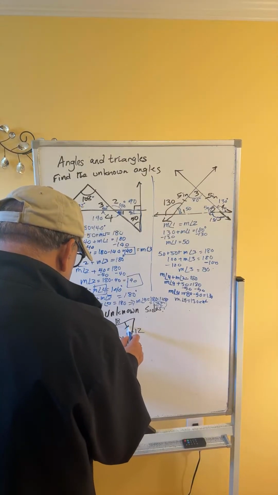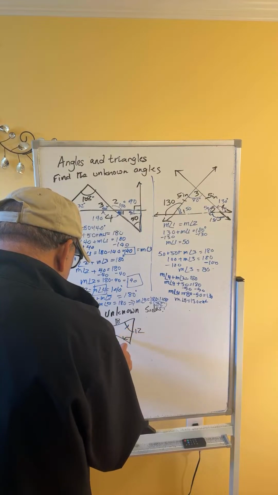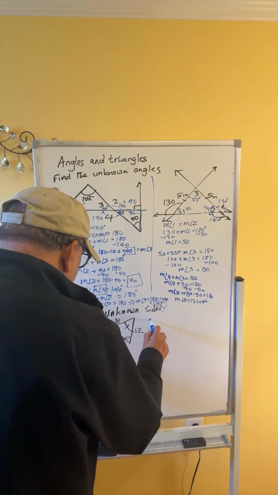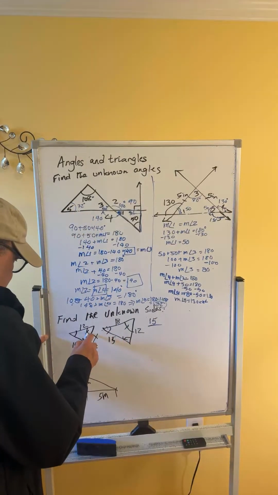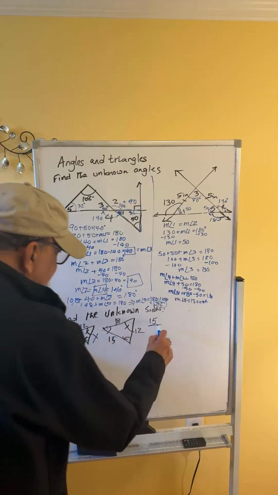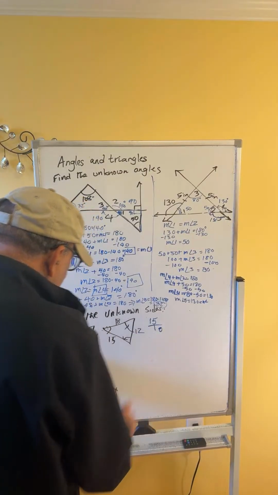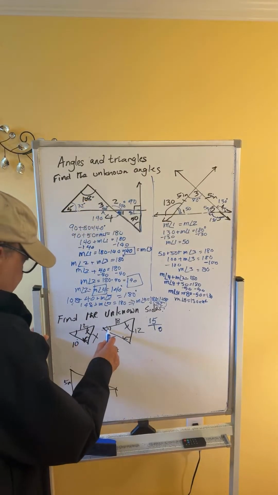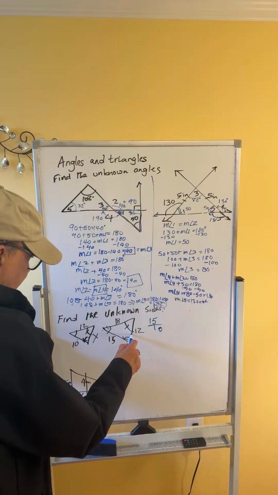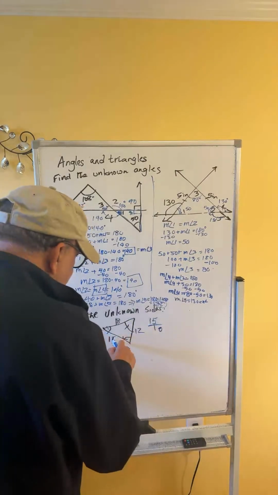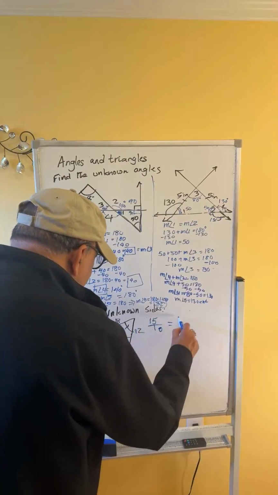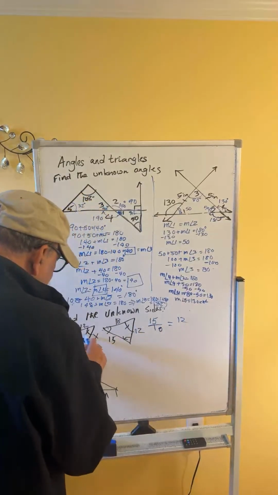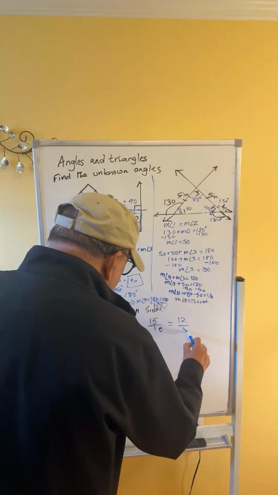So, if we take the opposite of this angle, this side is 15, the ratios have to be the same. Opposite of this angle, the side is 10. Okay, and then we take the opposite of this side, because we started with the larger triangle, so opposite of this angle is 12 and opposite of this angle is x.